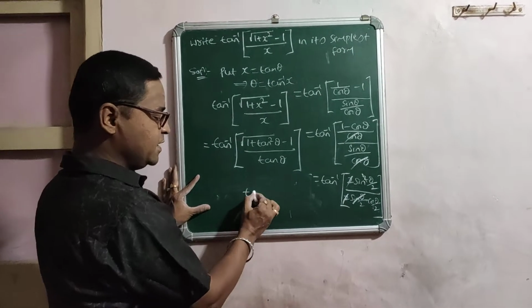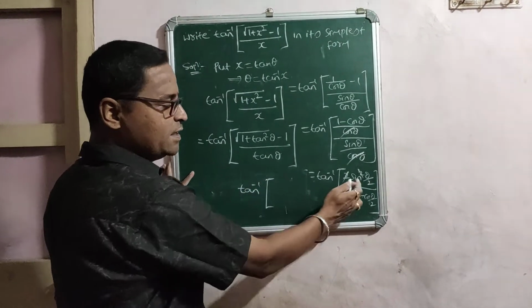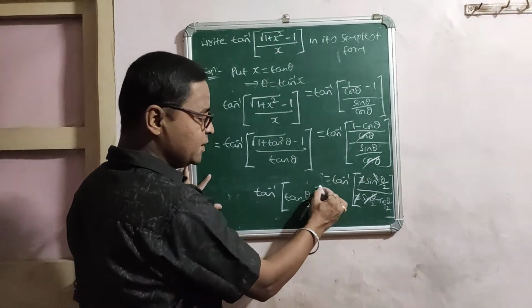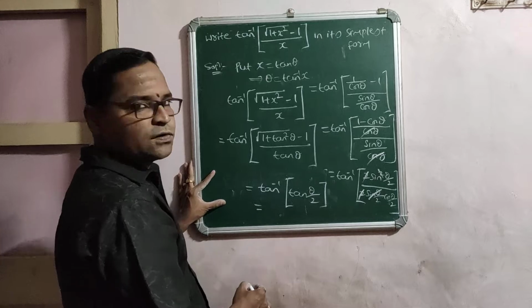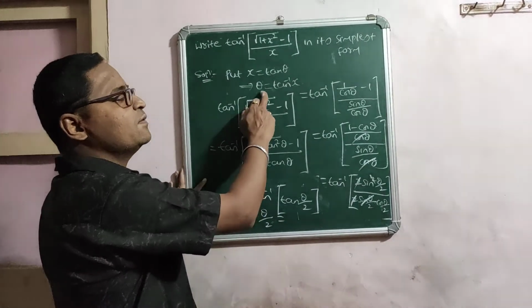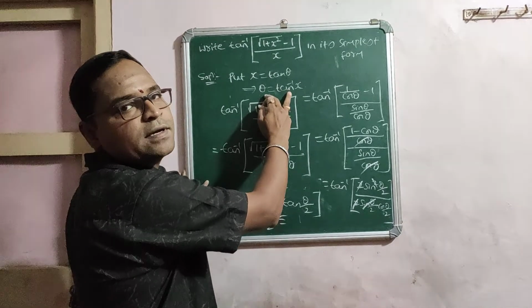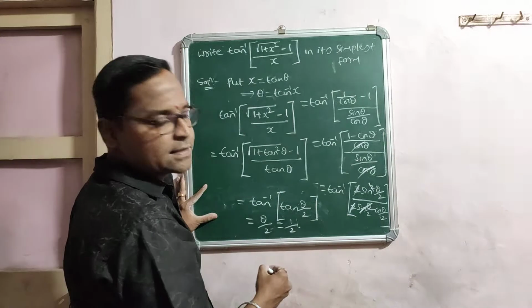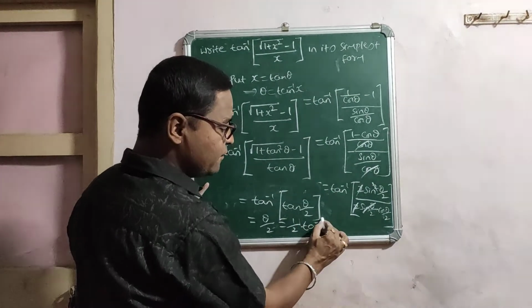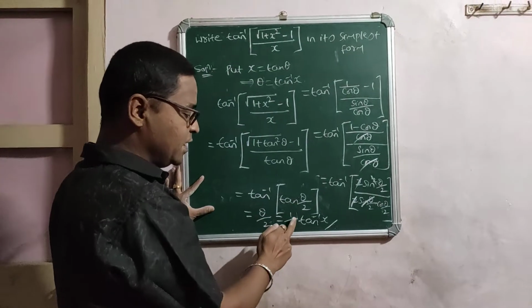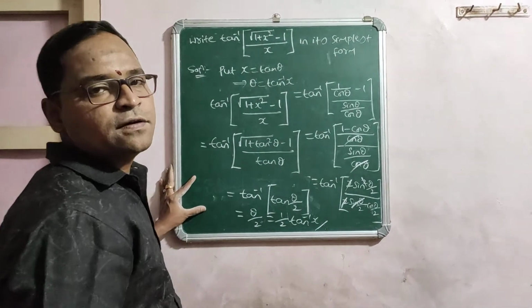So we observe that tan⁻¹ of sin/cos is nothing but tan⁻¹(tan(θ/2)), which equals θ/2. This θ we have considered as tan⁻¹ x. Therefore, half into the value of θ, which is tan⁻¹ x. Therefore, the simplified value of this problem will be (1/2) tan⁻¹ x.